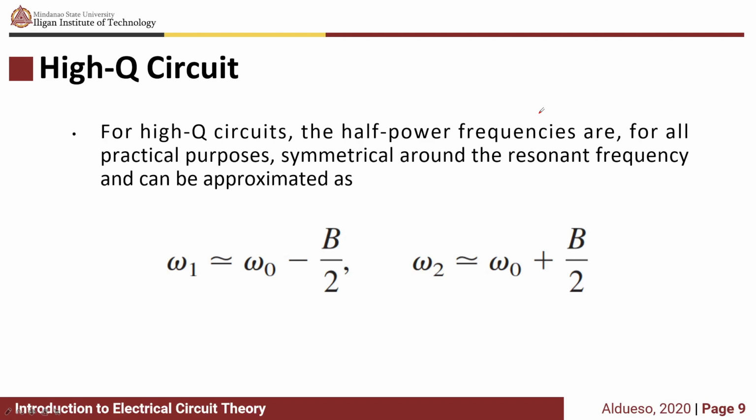For high Q circuits, the half power frequencies are, for all practical purposes, symmetrical around the resonance frequency and can be approximated as omega 1 approximately equal to omega naught minus the bandwidth over 2, and omega 2 approximately equal to omega naught plus the bandwidth over 2.